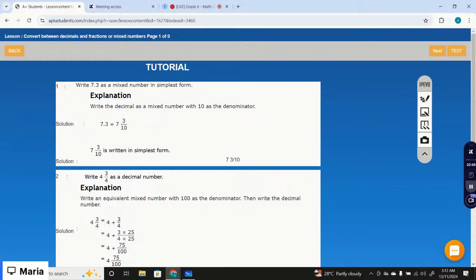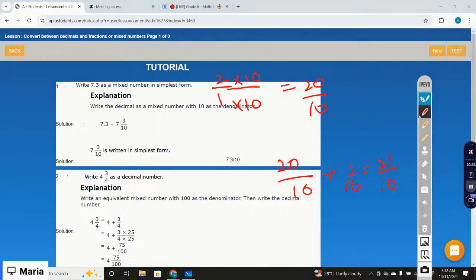You need to write it as a mixed number, right? 7.3, right? 3 is the decimal part of the number. You can write this decimal part as 3 over 10, right? Because 3 is at the 10th position, so you can write 7, 3 over 10. Got it?